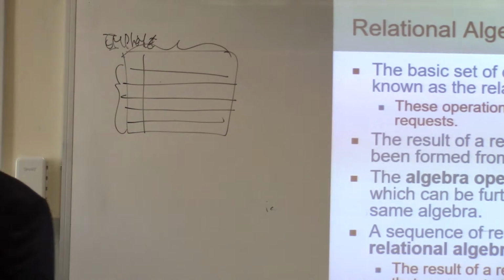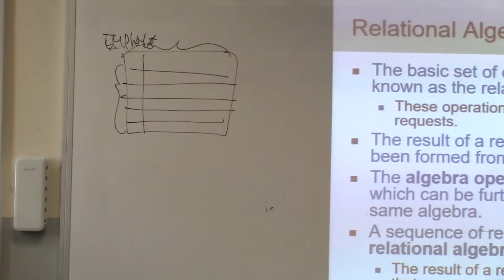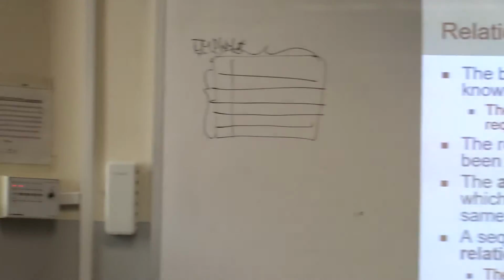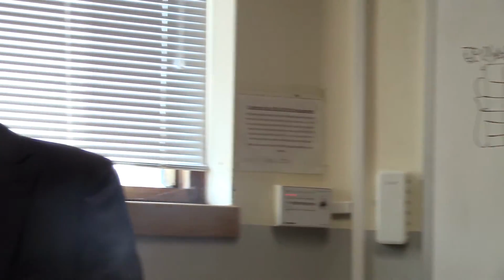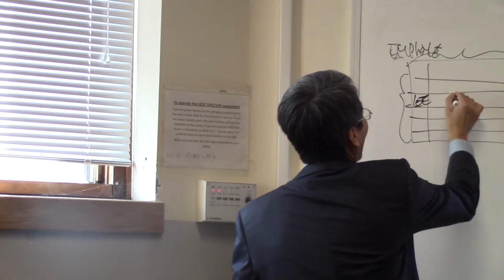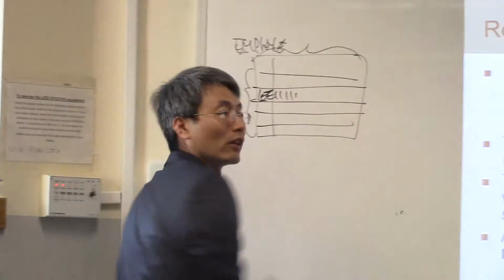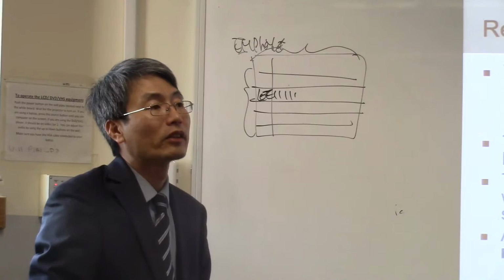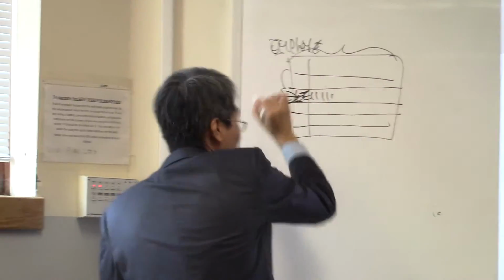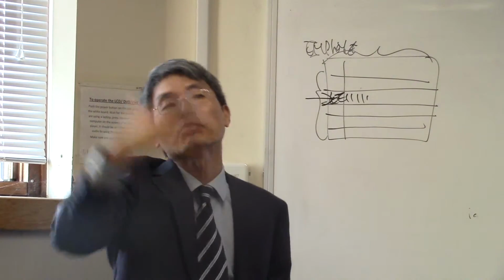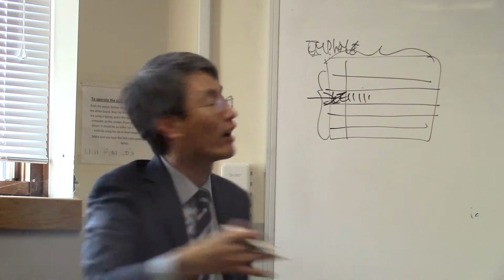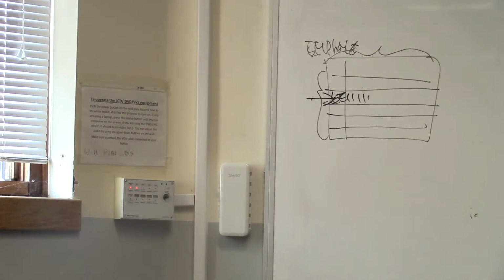Which means we should be able to access the relation by tuple. So we want to find, for example, someone whose social security number is 111, something like that. That operation, access by tuple, access by row, access by data, the first one is selection.